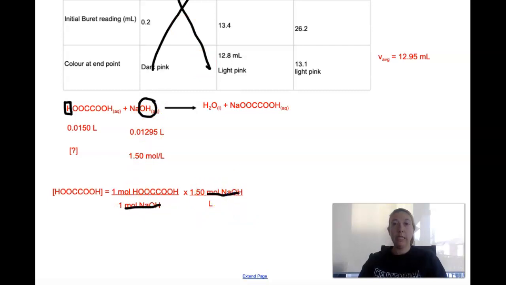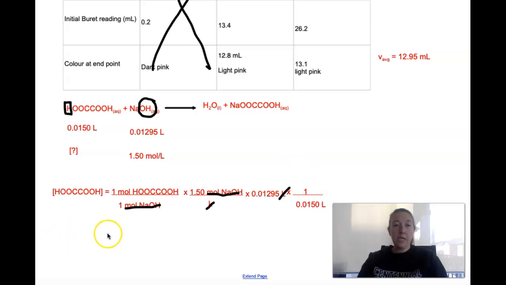Okay, we need to get rid of liters of NaOH, so we are going to times by that 0.01295 liters. We now got rid of liters of NaOH. Last thing we need to do is introduce liters of the oxalic acid. So we're going to times by 1 over 0.0150 liters.